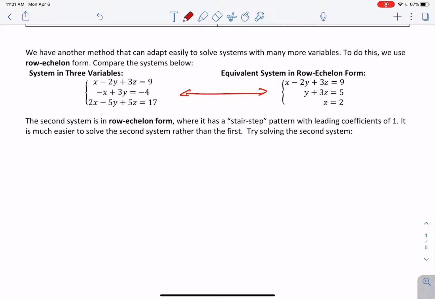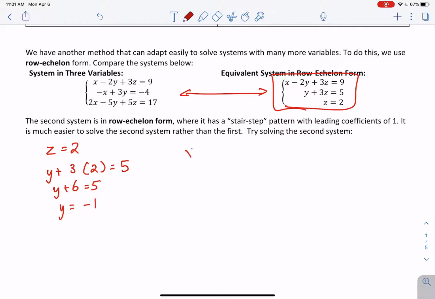It's kind of already solved for us. If I try to solve this system, I know z equals 2, which means in the second equation I can just plug in 2 for z. I get y plus 6 equals 5, so y equals -1. Then I can substitute those values for y and z in the first equation and get x plus 8 equals 9, so x equals 1.